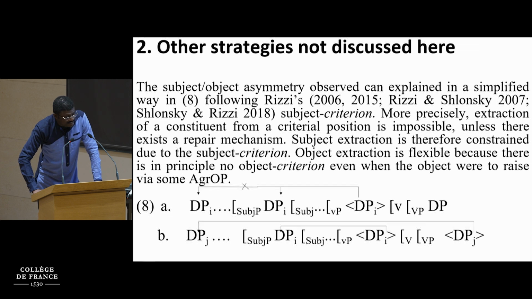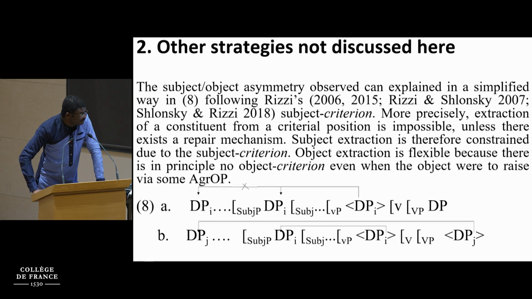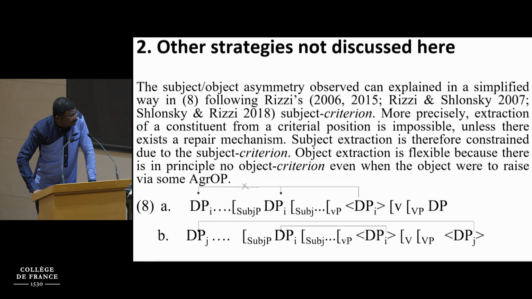Like the subject criterion, if you move the subject there, the subject position is a criterial position, so the subject gets frozen. So the only way you can do that, for example, in Lamso and Limbum, is to resume the subject in such a way that if you have a resumptive which is externally merged in the subject position, you may now move the DP directly up across the resumptive.